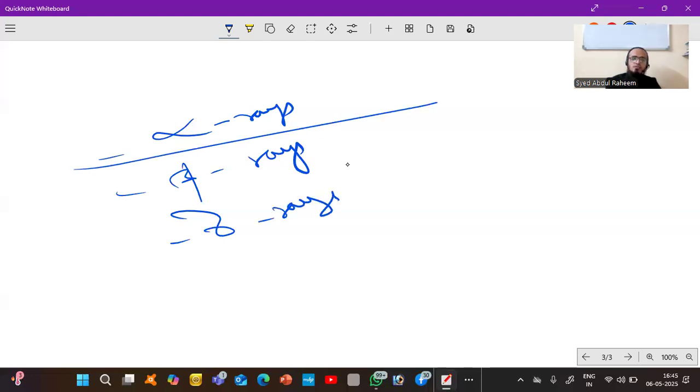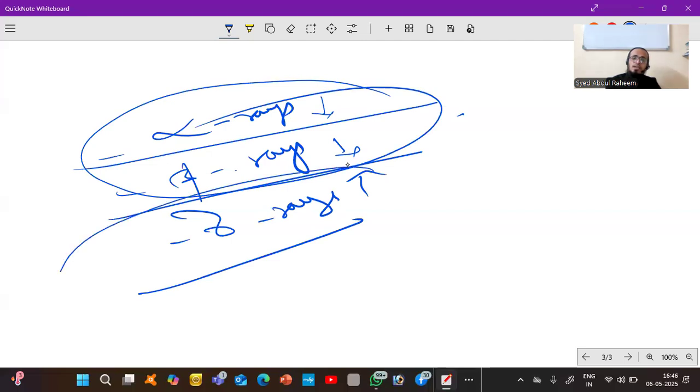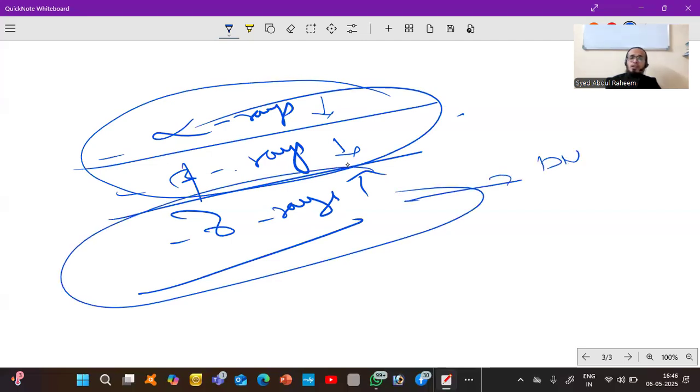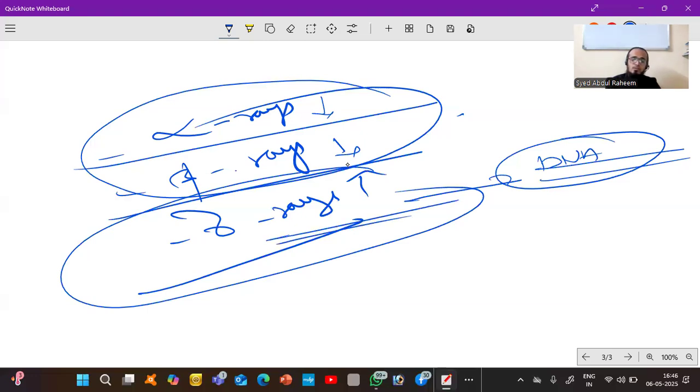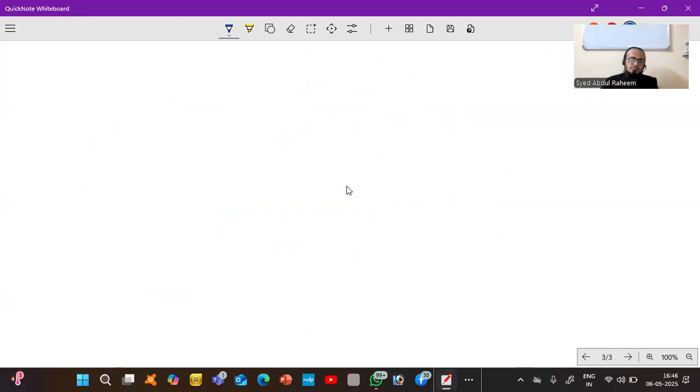Alpha rays are much lesser than beta rays. Beta rays are much lesser than gamma rays. Gamma rays are higher than all these rays. Gamma rays have the ability to damage the DNA of the body. This is a very important thing. So depending upon the rays, the damage to the body occurs.